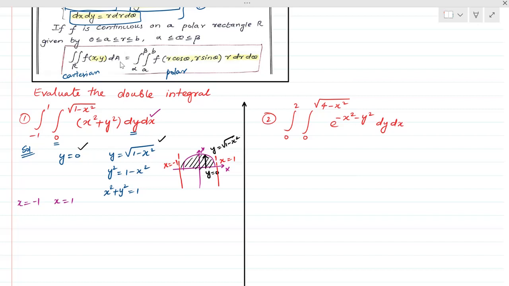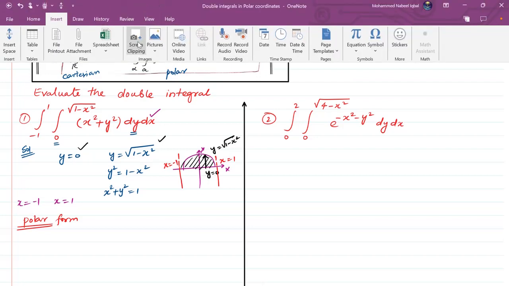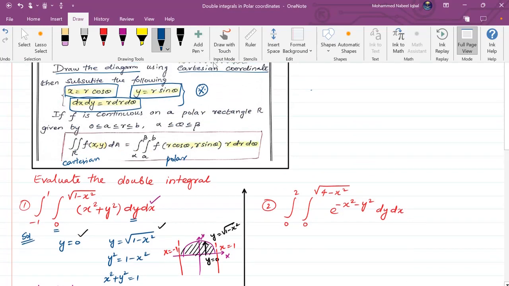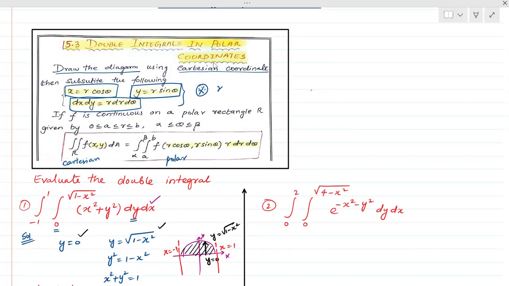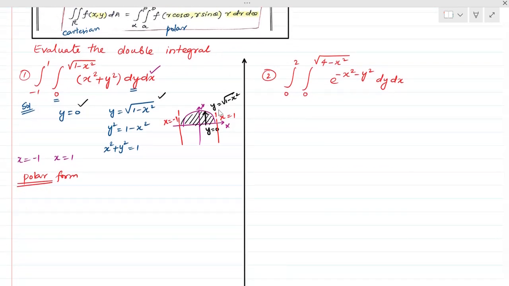How will you do this? First of all, we convert into the polar form. I will write x square plus y square always here. Whenever you have x square plus y square, the value will be r square. I know this by using polar coordinates. Now for the given integral, what is the limit of r? r square equals 1, so r equals 1. Therefore the limit of r is 0 to 1.